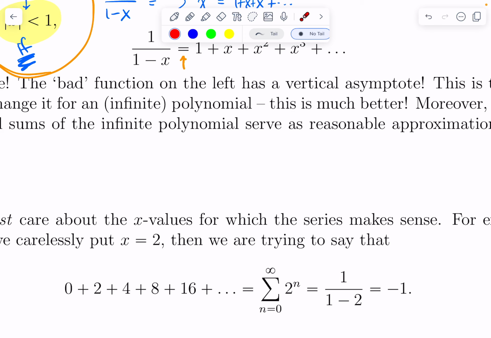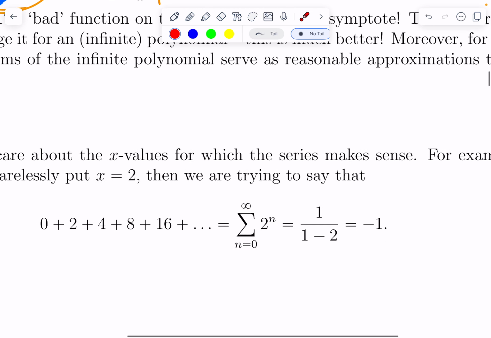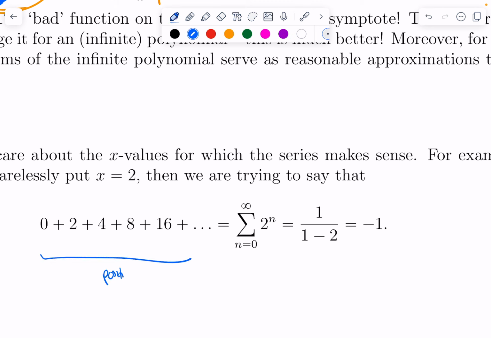So if I add up a bunch of positive things, I got a negative number. I want to say that again. Positive, negative. Hopefully, you agree that's nonsense. This clearly can't be true. And indeed it's not. This will not work.